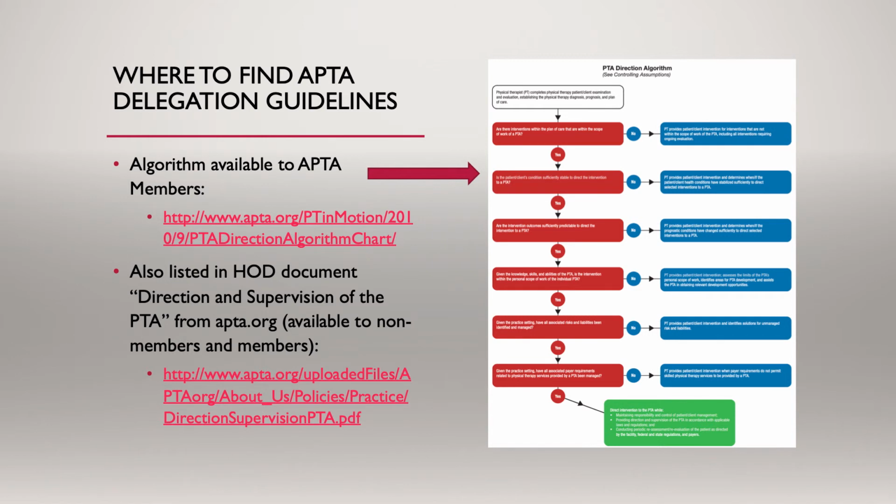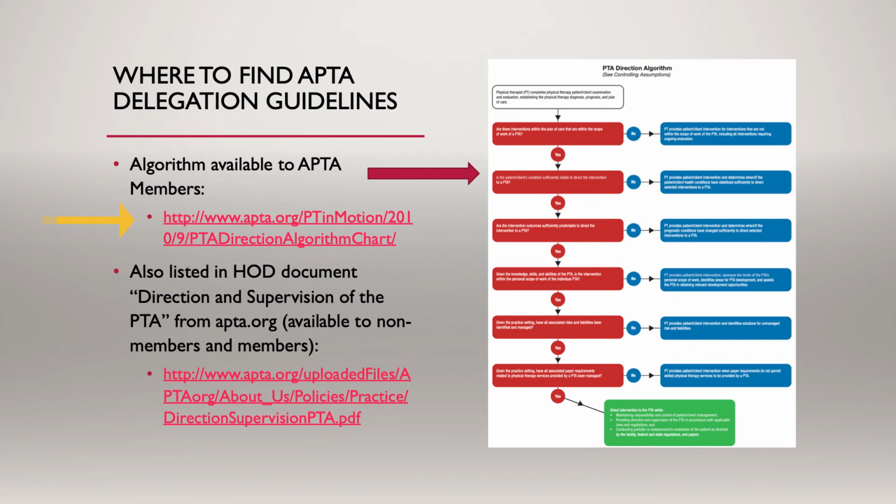All of the factors that we've discussed in this module are graphically summarized in the APTA document titled PTA Direction Algorithm that's pictured on your screen. If you're an APTA member, you can access this document at the URL listed at the top of the screen.